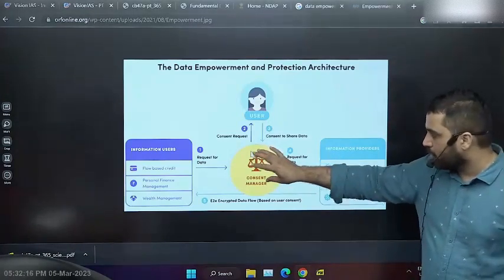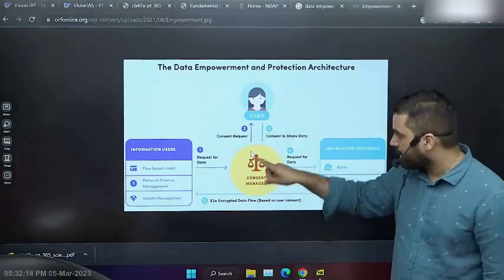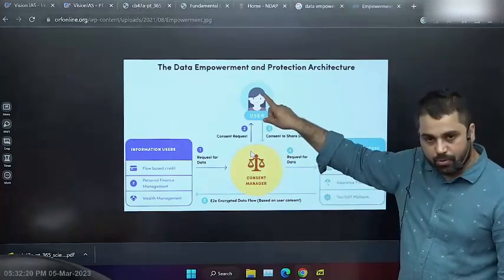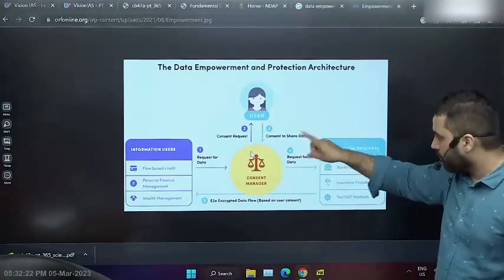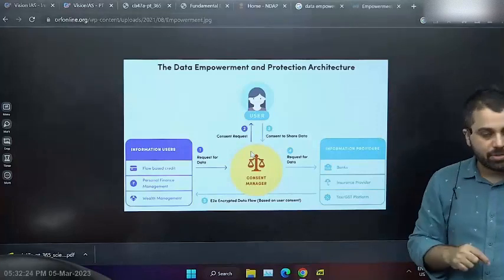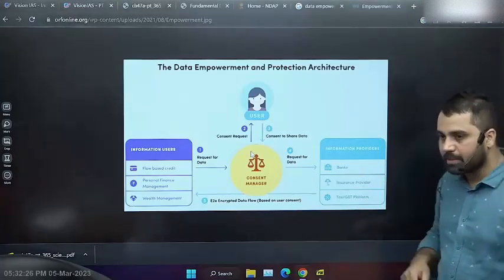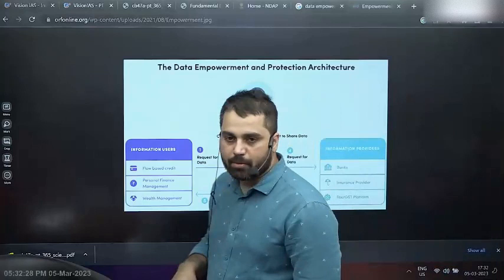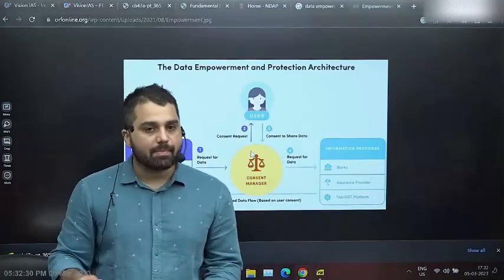It will be the job of consent manager to take my consent. My consent request will go to the user. User, once it provides the consent to share data, then this data will be shared with any type of financial provider. So this was envisaged by Niti Aayog.